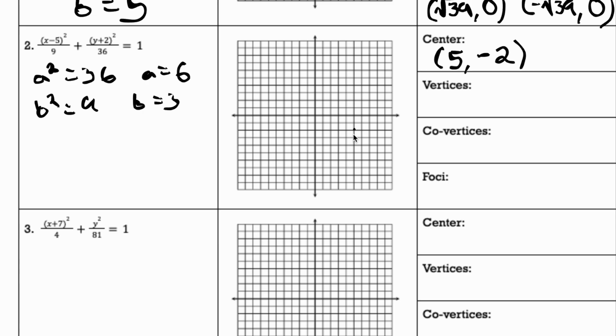Since our major axis, our bigger number, is under our y, that's going to be where our major axis is. So we're going to move 6 up. I think it should be there. I may have miscounted. No, that should be right.